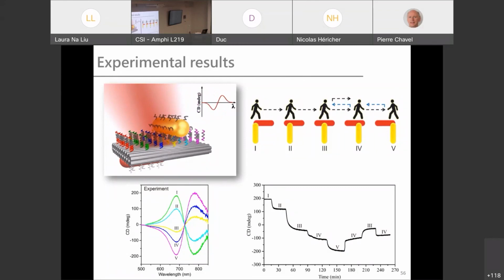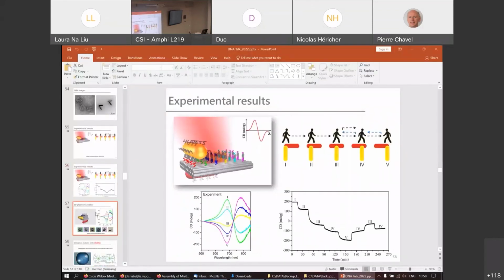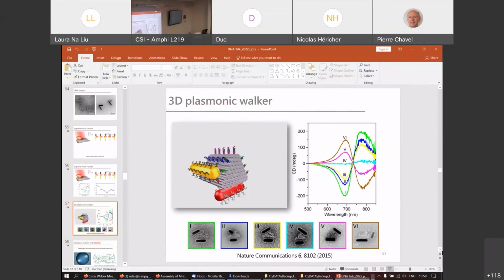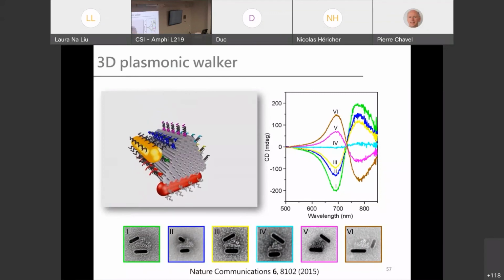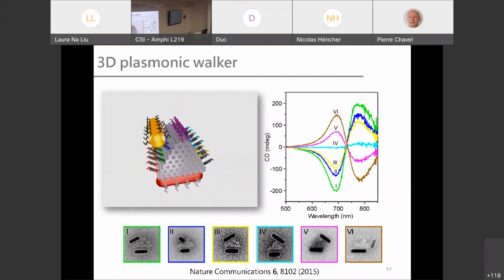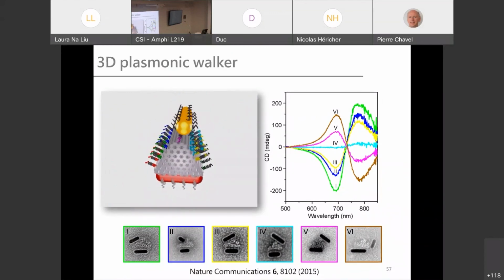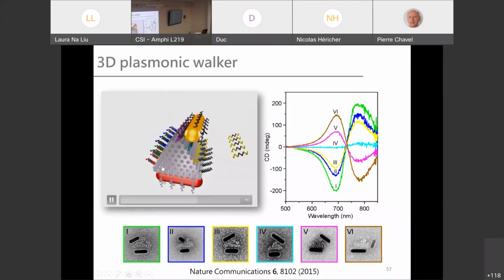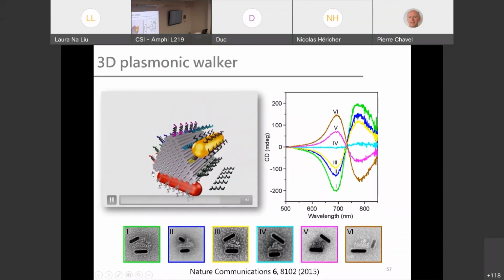So I actually have probably too many things to tell you, but I rather end with just a 3-dimensional version of the plasmonic walker. So other than walking on just a planar platform, you can think of also constructing a 3-dimensional origami track.